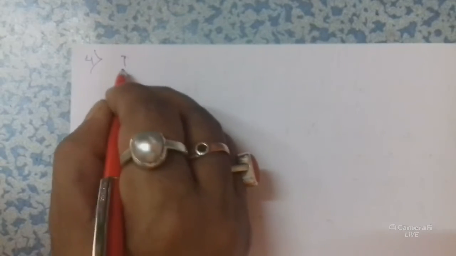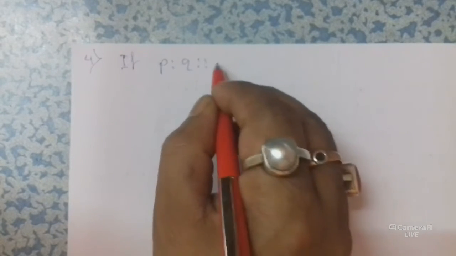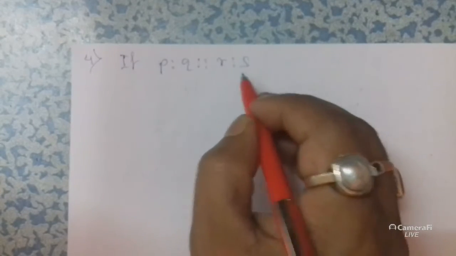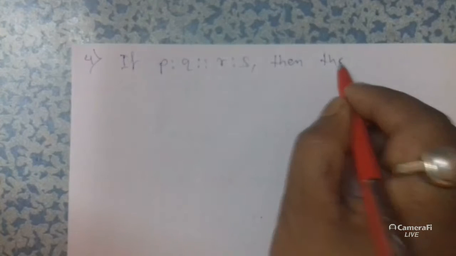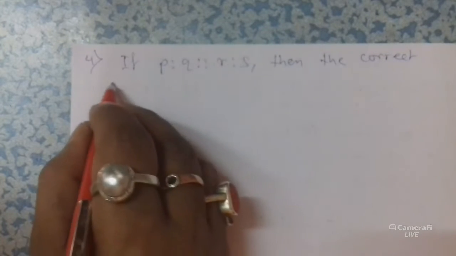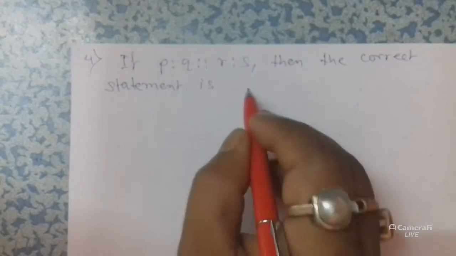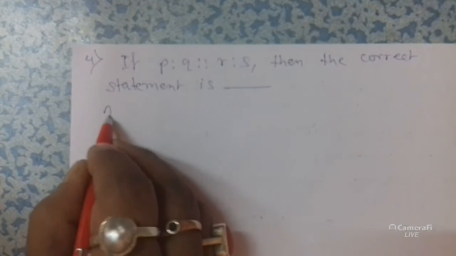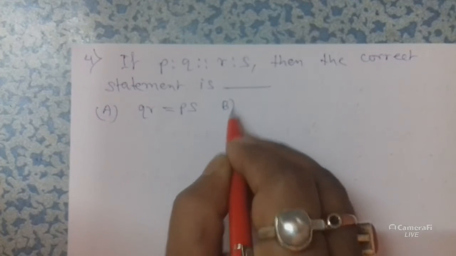Problem number 4. If P is to Q and R is to S, then the correct statement is: option A, QR is equal to PS.